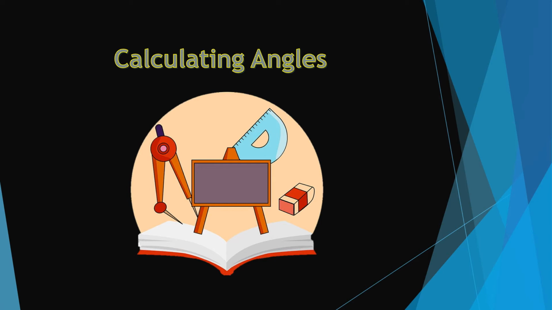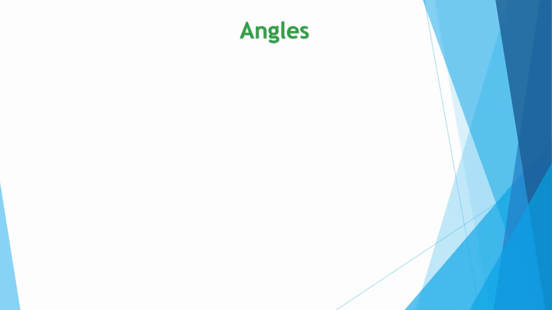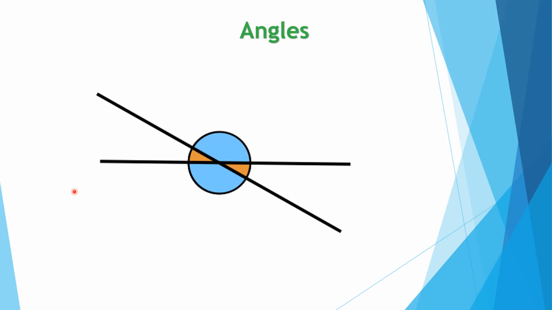Now we will see the way of calculating angles in different ways. Look at this set of angles. Here we can see how two straight lines form four angles. By looking at those four angles, can you find any pair of equal angles?